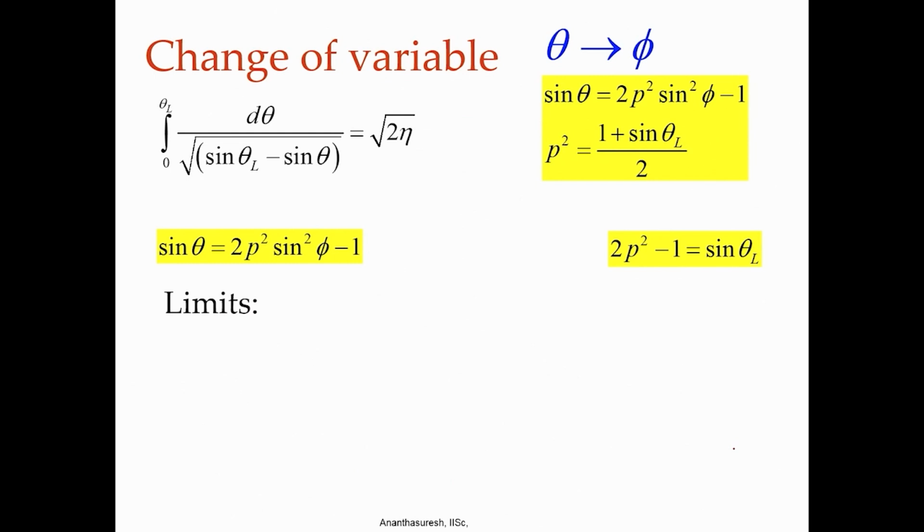So, first let us look at the limits. When we change theta to phi, when I take the case of theta equal to 0, this implies that sin theta, which is 0 from here, equals 2 p square sin square phi naught, let us call it, minus 1.